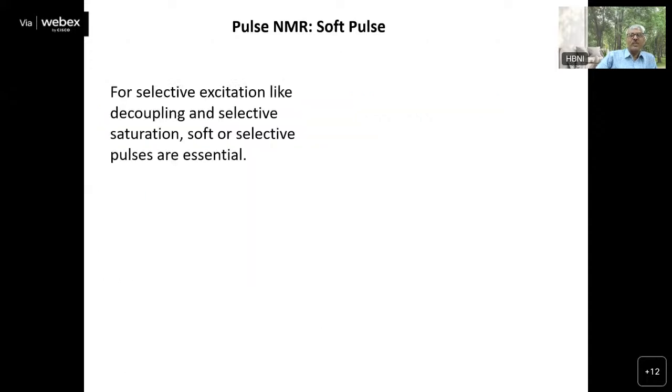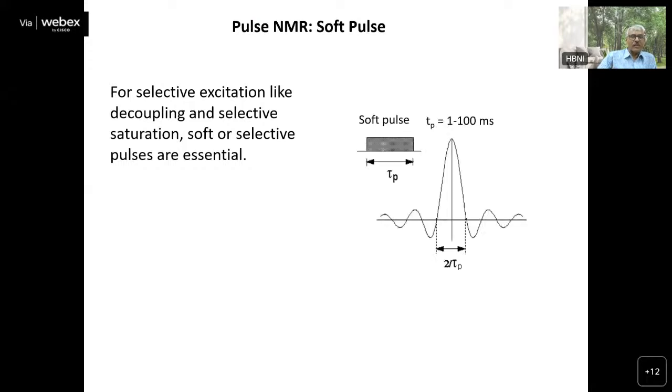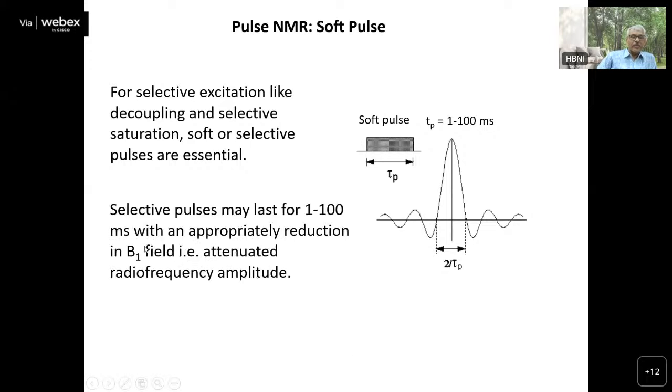Now, in many experiments you need to excite particular nuclei selectively, and then you have to use a soft pulse, or selective pulse. In that case, you reduce the field strength of B1 and increase the pulse duration.